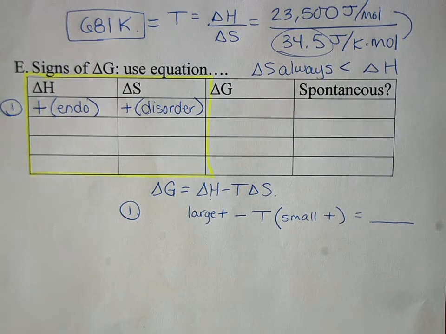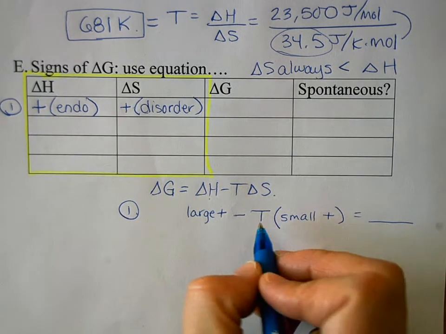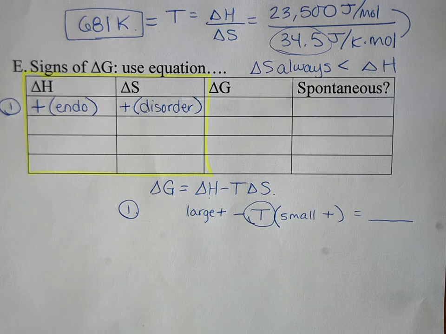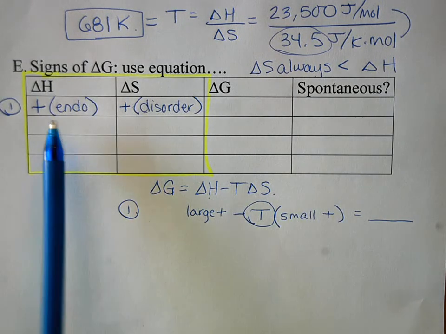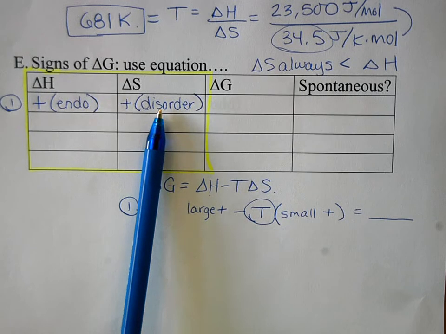Because remember, if I find my delta G to be negative, then it will be spontaneous. So if I do this large positive minus T times a small positive number, am I always going to end up with a positive answer, a negative answer, or can I end up with both? I can end up with both, right? And it all depends on what my temperature is. So when you have this situation where one is not favorable and one is, it all depends on temperature.